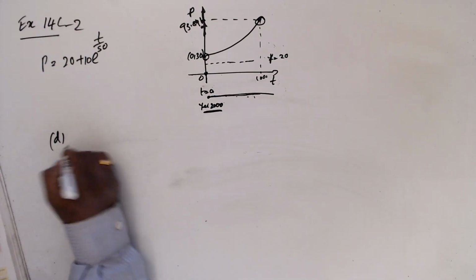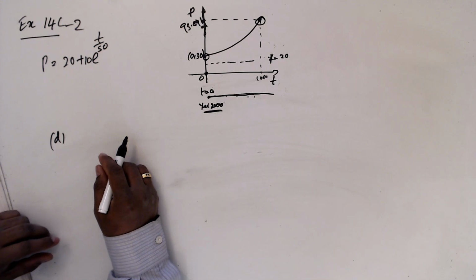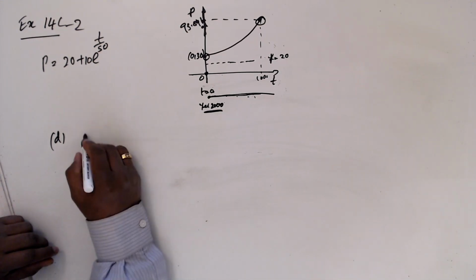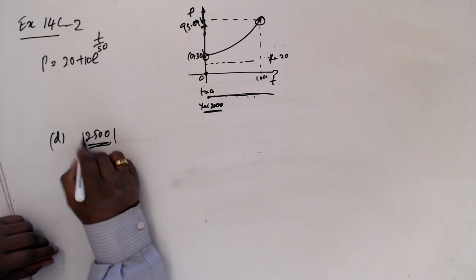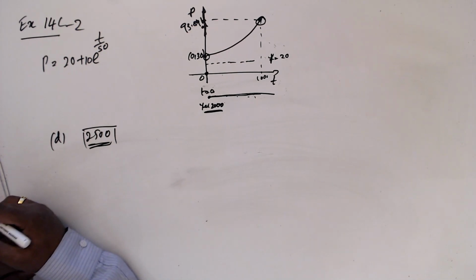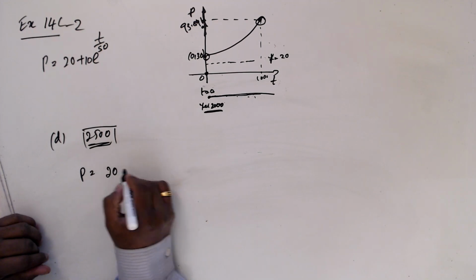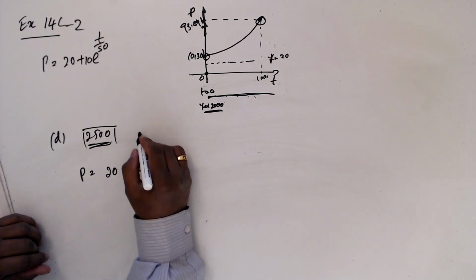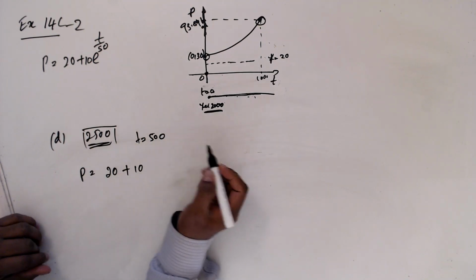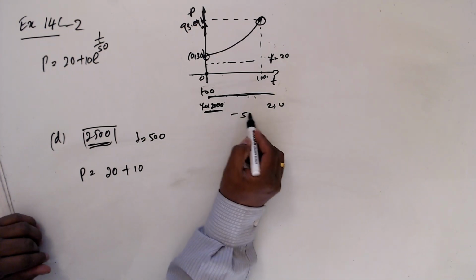Now part D. Do you think that it would be valid to use this model to predict the population in year 2500? So when we have this kind of sum, we first of all have to calculate for 2500. First of all, we have to calculate the population, and then we want to think about the reality. So P equals 20 plus 10 e^(T/50) when T equals 500. 2500 starts from 2000, so the difference is 500.